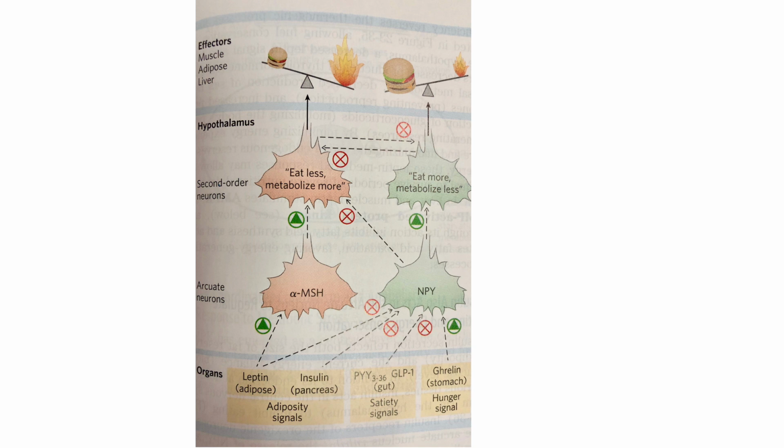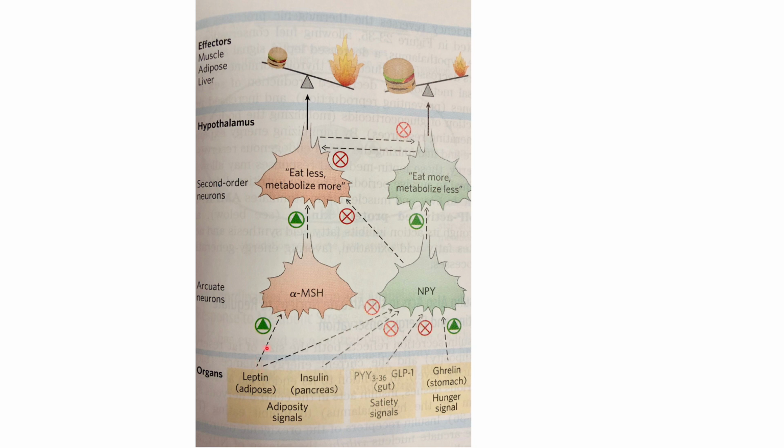So in this schematic here, you have the muscle, adipose, and liver, and with the increase of food, you get these sort of feedback mechanisms generated originally in the arcuate neurons based on signals from the organs of the body.